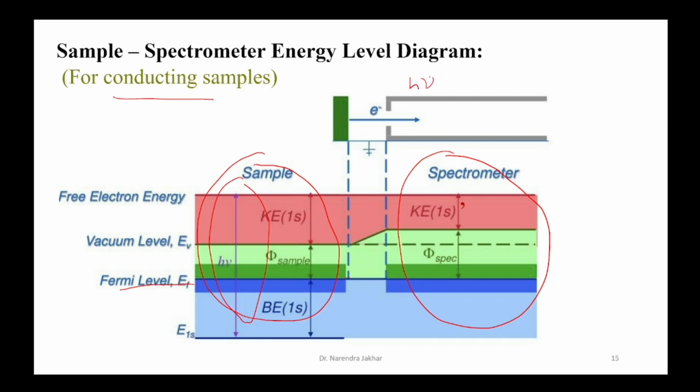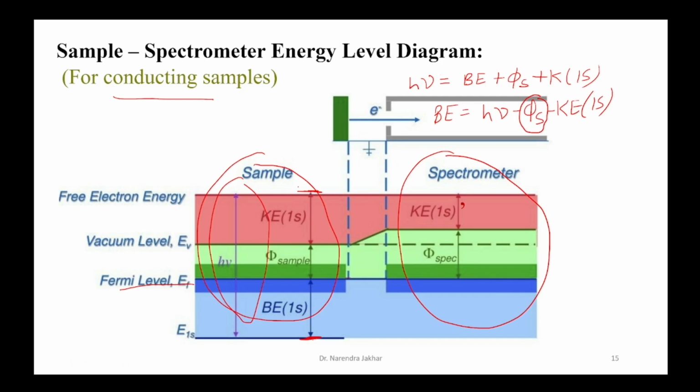This becomes h nu equal to binding energy plus phi sample plus kinetic energy of the 1s electron. This is the equal of this vertical height. So the binding energy is h nu minus phi s minus the kinetic energy of the 1s electron. Phi s is the work function of the sample surface, but for conductive samples the Fermi levels are equal.